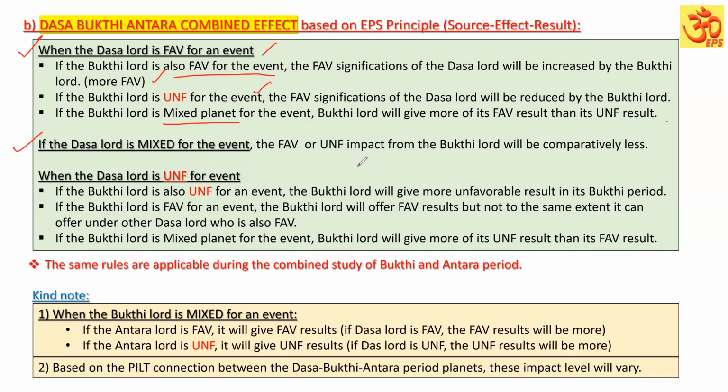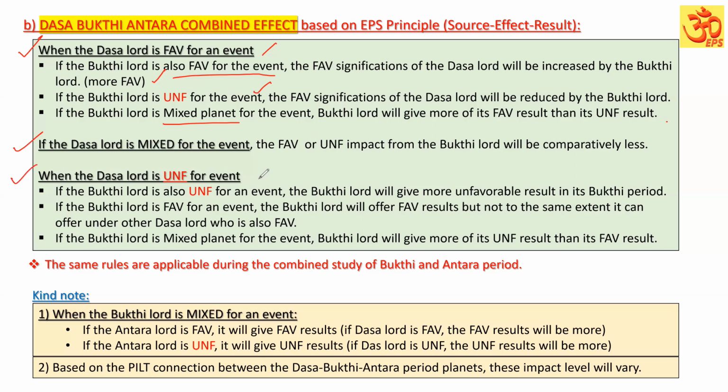But since the Dasa Lord is a mixed one, having both favorable and unfavorable, the impact of the Buddhi Lord will be comparatively lesser. Suppose the Dasa Lord is favorable, the favorable impact of the favorable Buddhi will be more. But when Dasa is mixed, the favorable impact of the favorable Buddhi will be comparatively lesser. That's what I'm trying to say here.